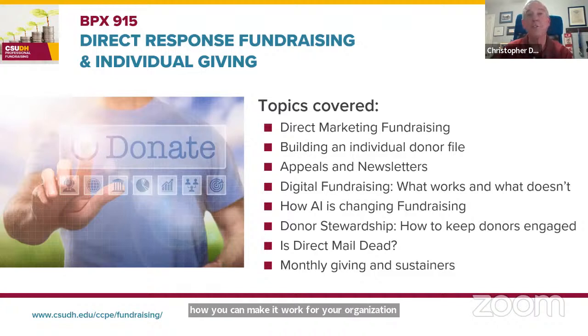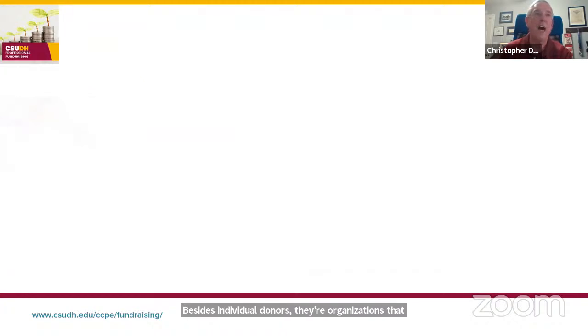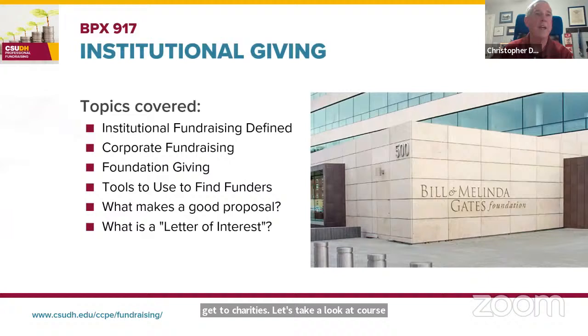Besides individual donors, there are organizations that give to charities. Let's take a look at Course 3, which will cover a wide range of non-individual fundraising opportunities. Course 917, we call institutional giving, or also called organizational giving.